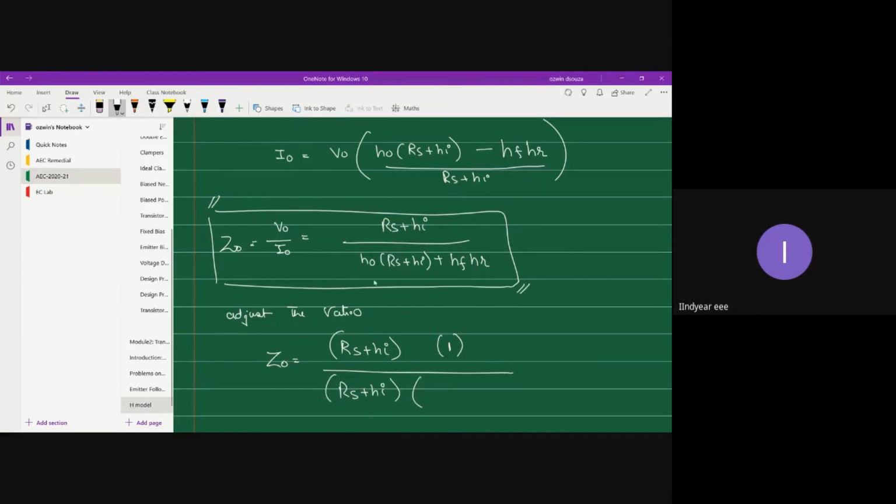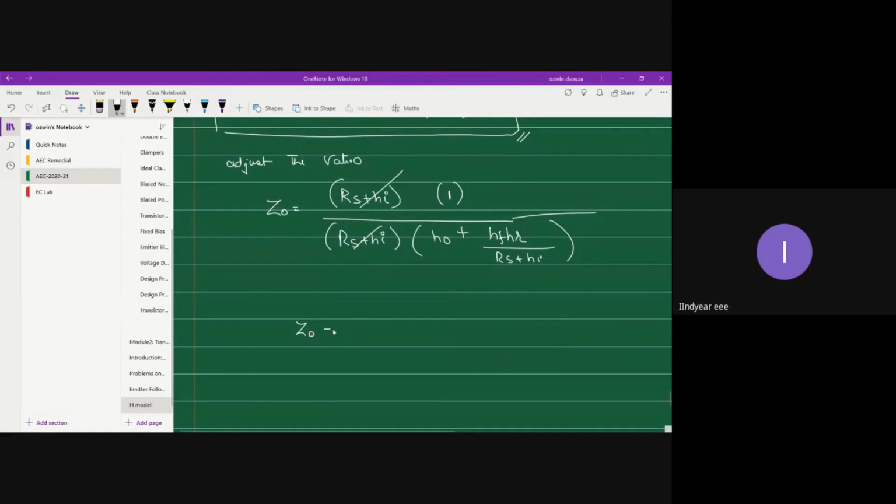So what do I have within the parenthesis? I have H0 and the ratio Hf Hr divided by Rs plus Hi. So this I can cancel out so that I can clearly show you that the exact expression for Z0 is basically 1 over H0 minus the second term, Hf Hr divided by Rs plus Hi.